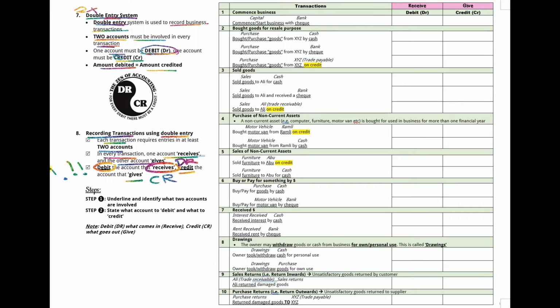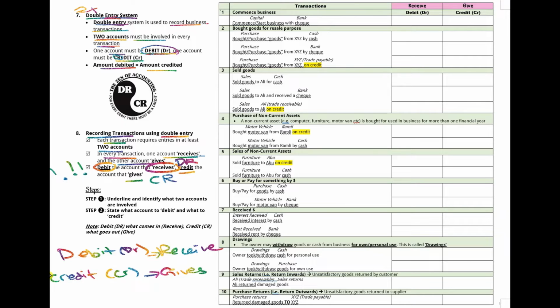So I'll tag right here because this is important. You will debit the account that receives the value, and you will credit the account that gives out the value. So these are the steps.